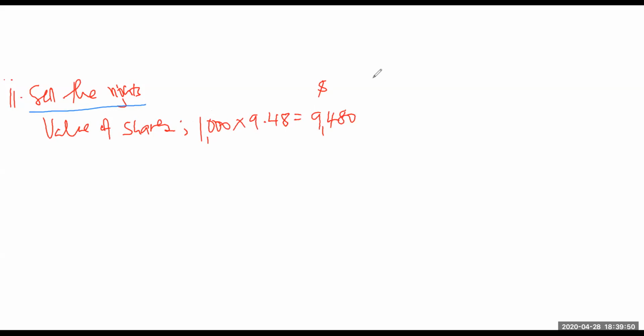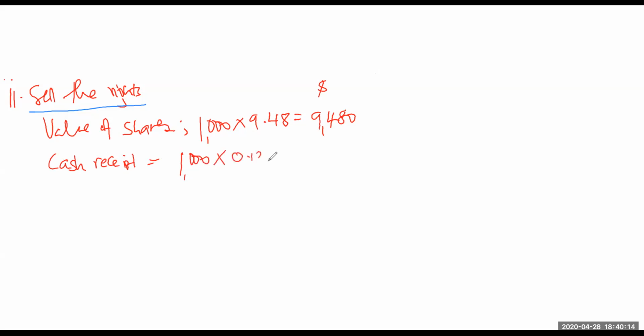Therefore, since this is a sale, it means this investor did receive the cash. There was a receipt of cash because you are selling these rights, the chance to buy the new shares, to someone else. So of course you receive money. How many rights? The rights you mentioned are 1,000. What's the value per right?